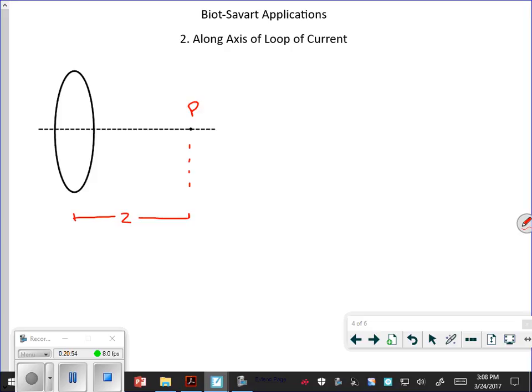It's still a radius R. Let's take, for example, our current element I dL here. It's actually coming out of the page. And there's a vector R that goes from here to there.